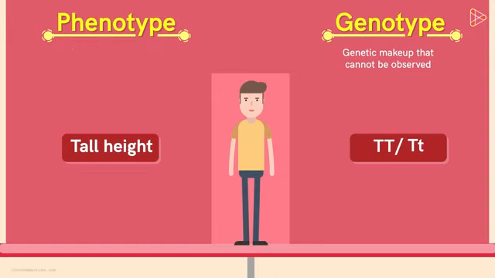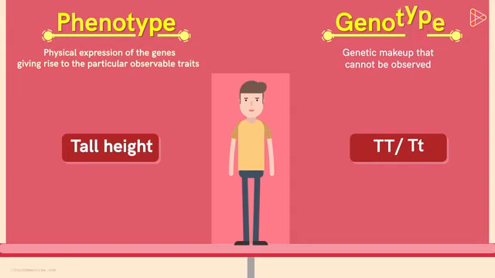In simple words, the physical expression of the genes giving rise to the particular observable traits can be termed as phenotype. On the other hand, genotype can be defined as the set of genes that give rise to a particular trait. That is the genetic makeup of an organism.